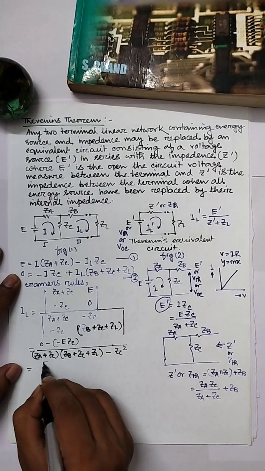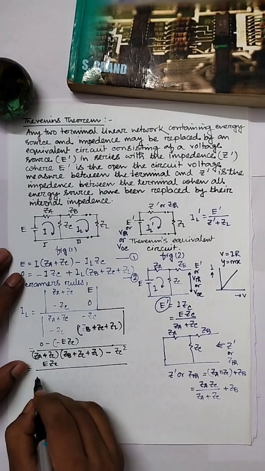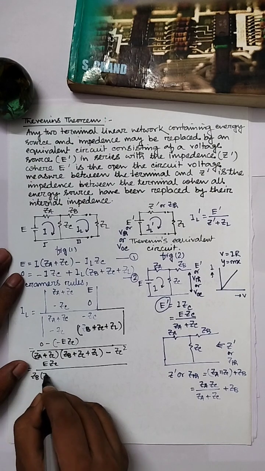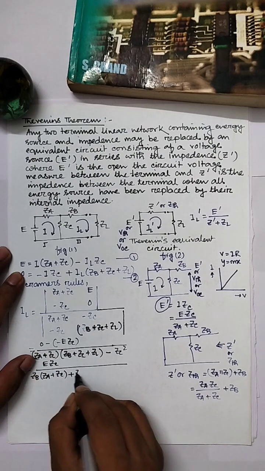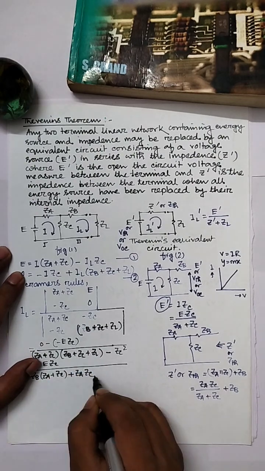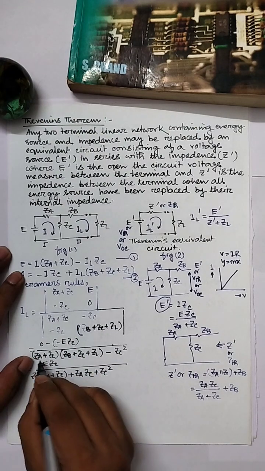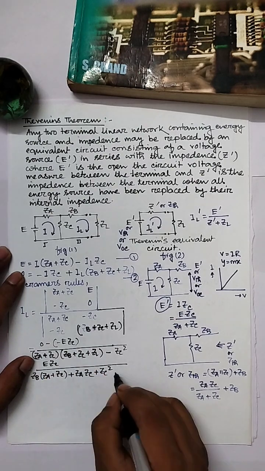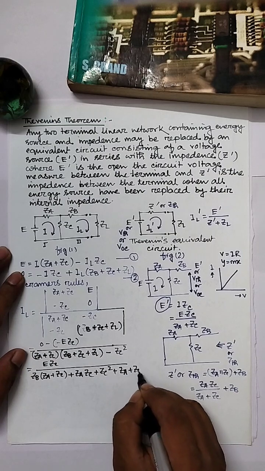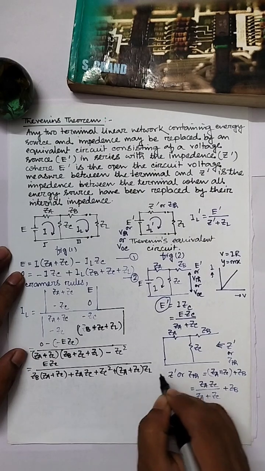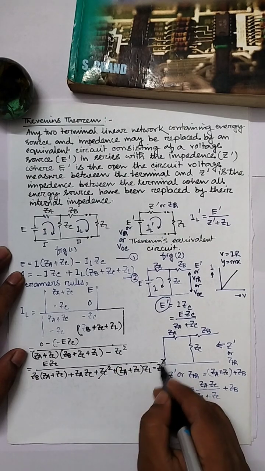Multiplying these two brackets: ZB times ZA plus ZC, then ZC multiplied with ZA and ZC multiplied with ZC, plus ZA plus ZC times ZL, minus ZC square. This ZC square cancels with the other, so these two are cancelled.